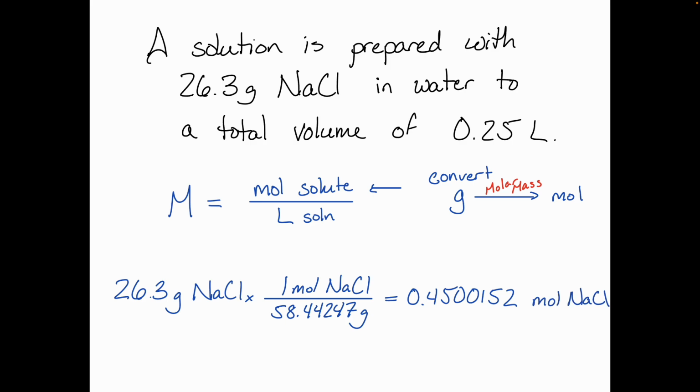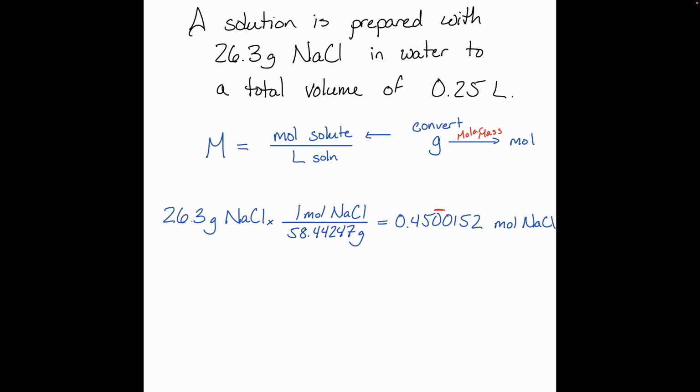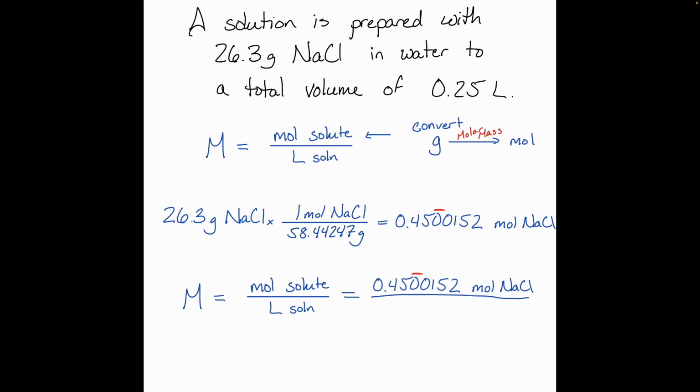So I'm just going to keep my sig figs marked, but I'm going to take that whole number to go on and do my molarity calculation using our definition of molarity. Plug in that value for moles of sodium chloride, my solute. Divide it by that 0.25 liters.